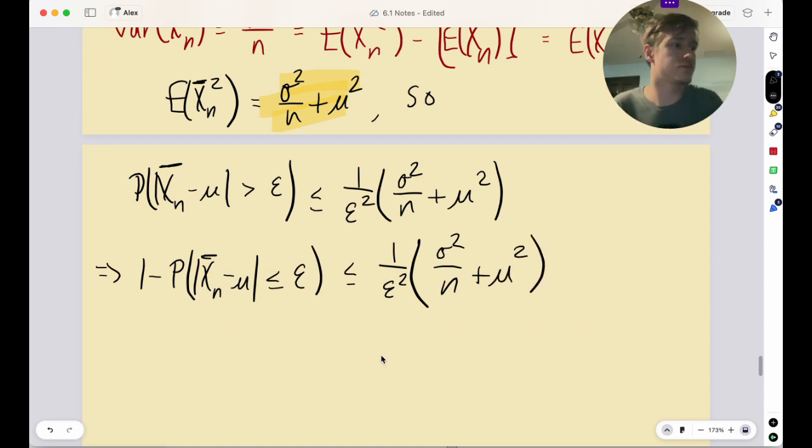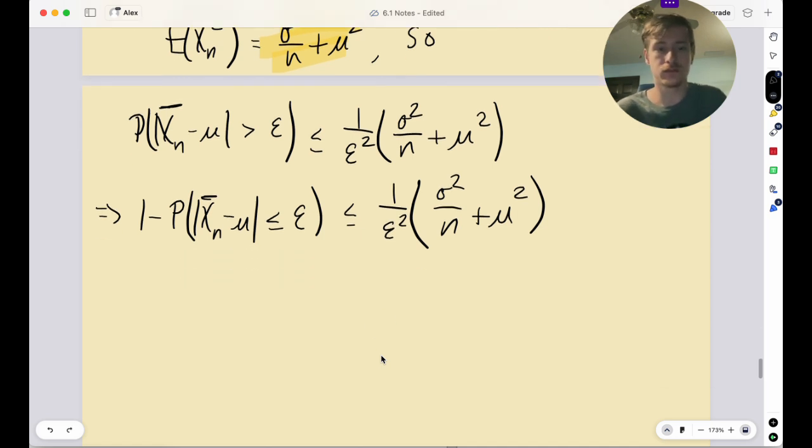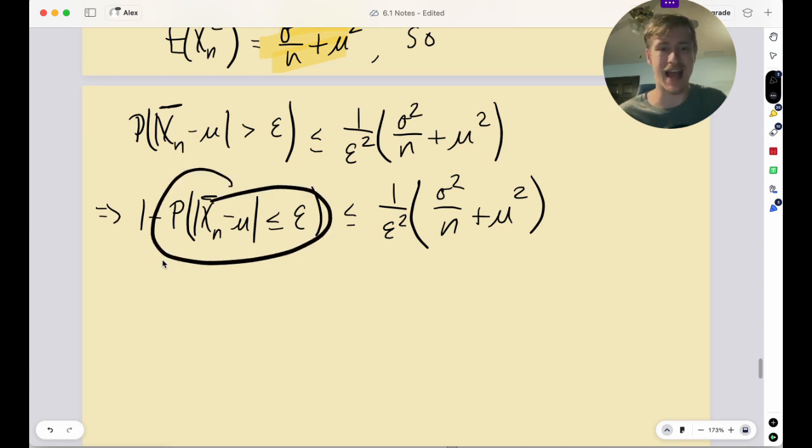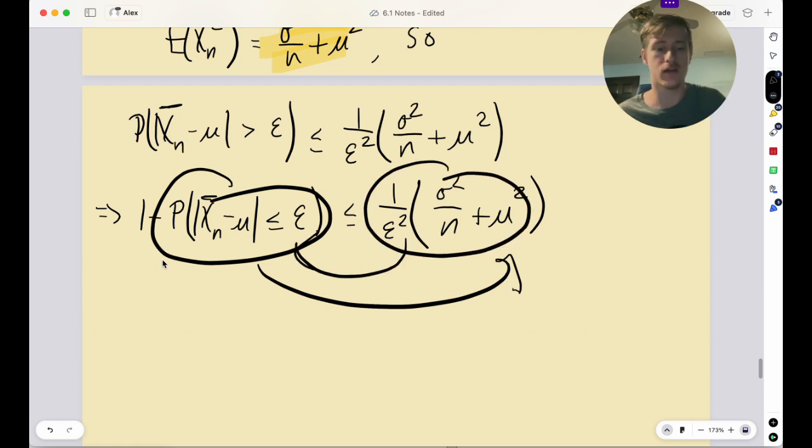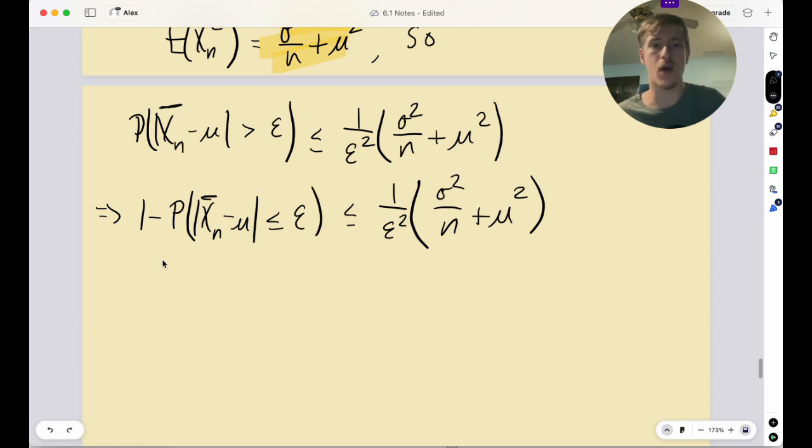So that's the idea so far. If I want to get this by itself, I'm going to subtract 1 from both sides. Actually, it might be easier just to add this term over and subtract this term over. Okay, so let's do it that way.